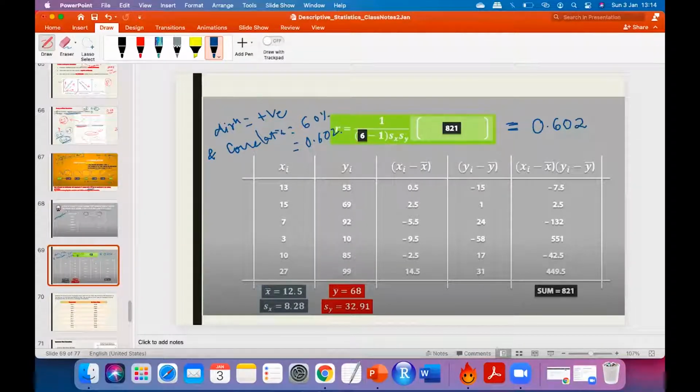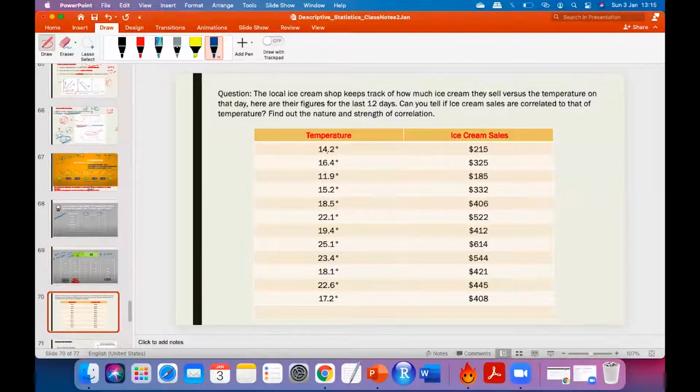If you even want to say it is weak, you can still say it, but you have to mention that you have used the thumb rule. We usually consider anything above 75% as strong correlation. That is my understanding. Is it understood? Solve this question.